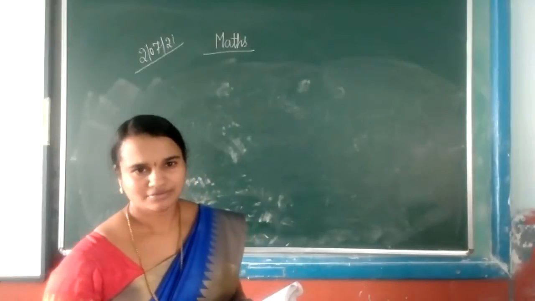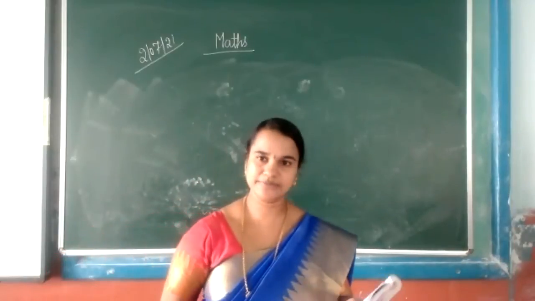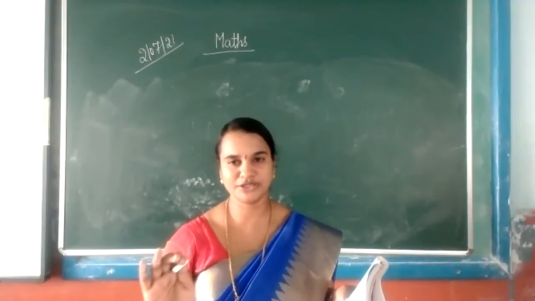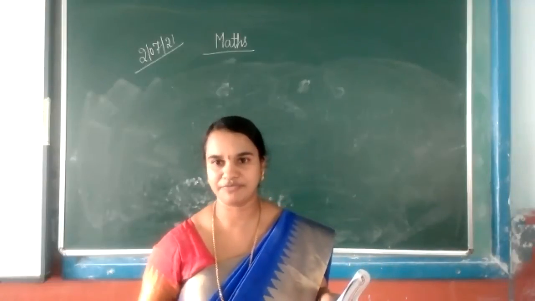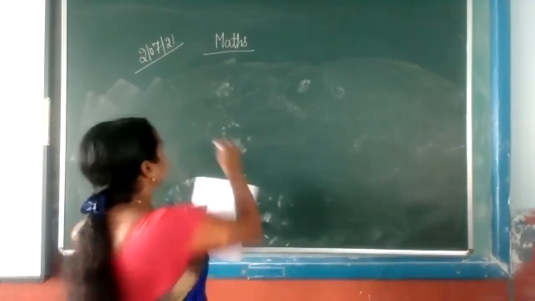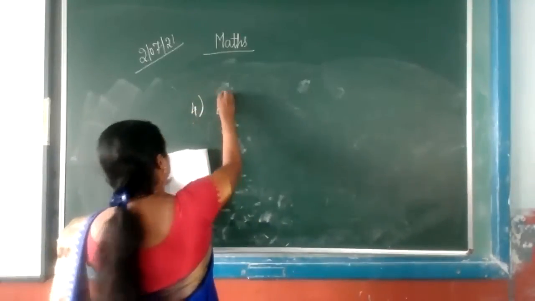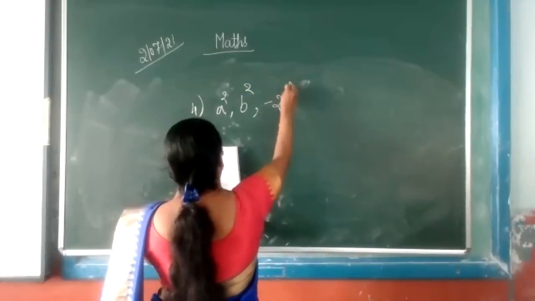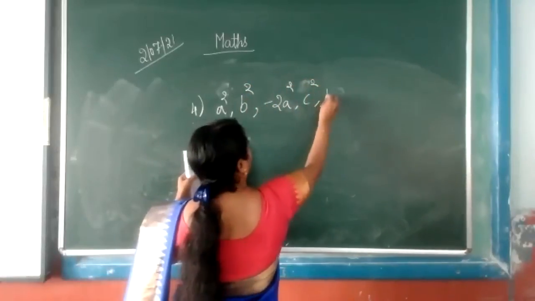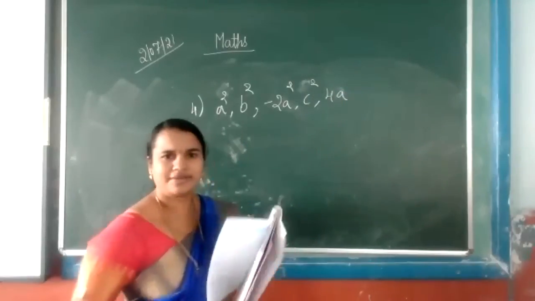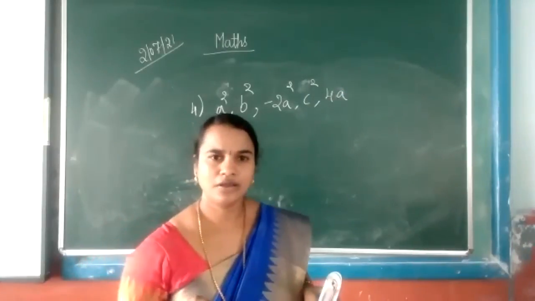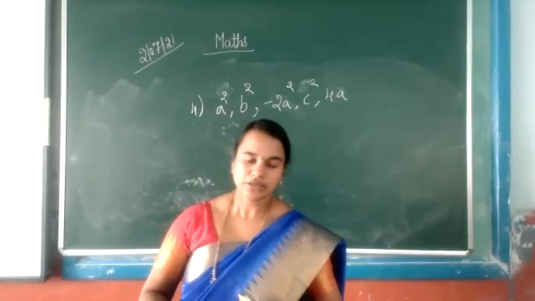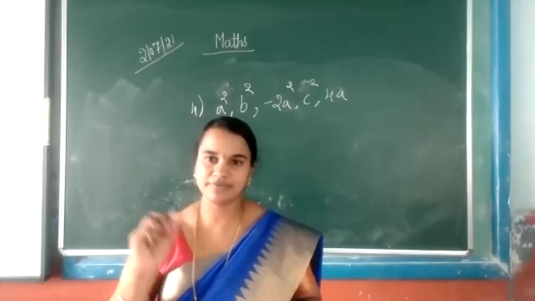Like terms, not the coefficient, to find out. I think all of you understood how we find the coefficient. First one: a square, b square, minus 2a square, c square, and 4a. Where are we doing it, book or copy? Book. Okay, all of you take your pencil, we will do it in the book only.